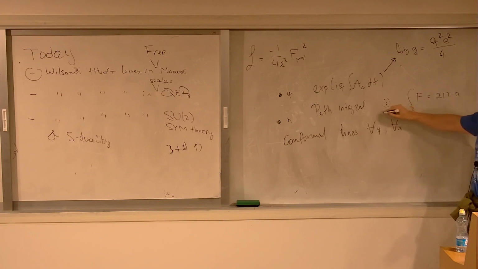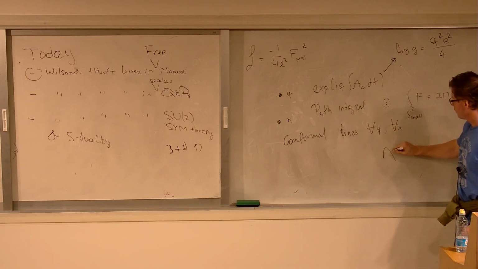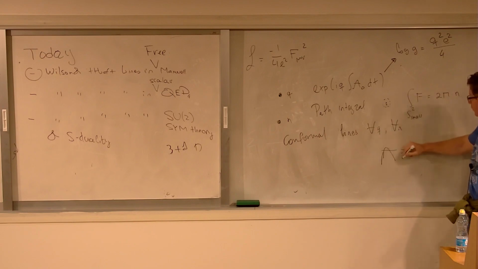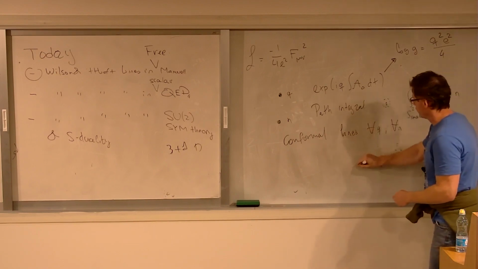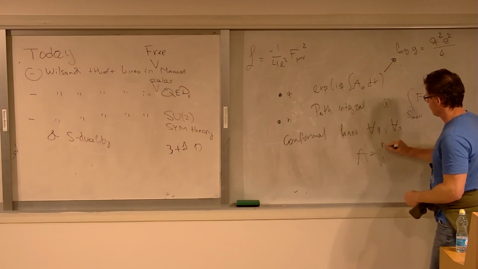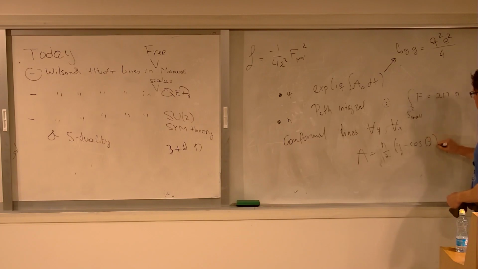you can, instead of saying that this is how you define the 't Hooft line, also just put a boundary condition on the gauge field in some gauge, so that you just write the formula. It will be actually useful. And so you can just say that the gauge field that corresponds to a magnetic monopole is A equals N over 2, 1 minus cosine theta d phi.